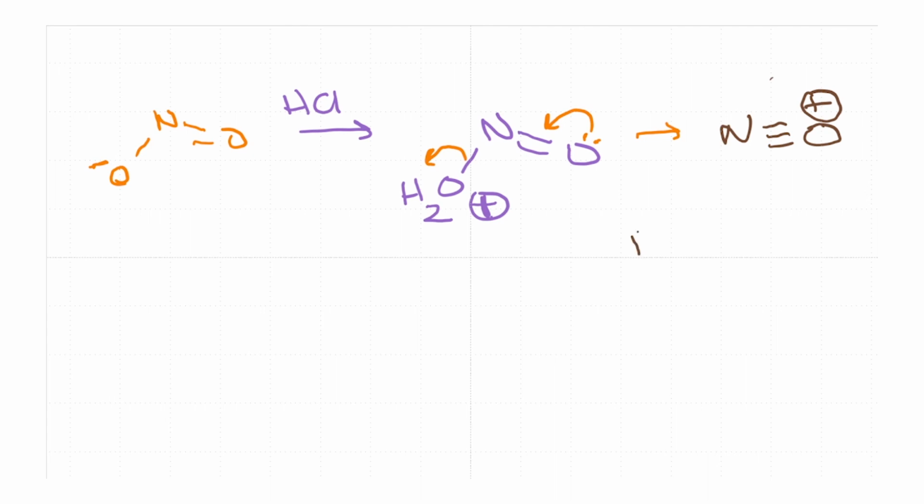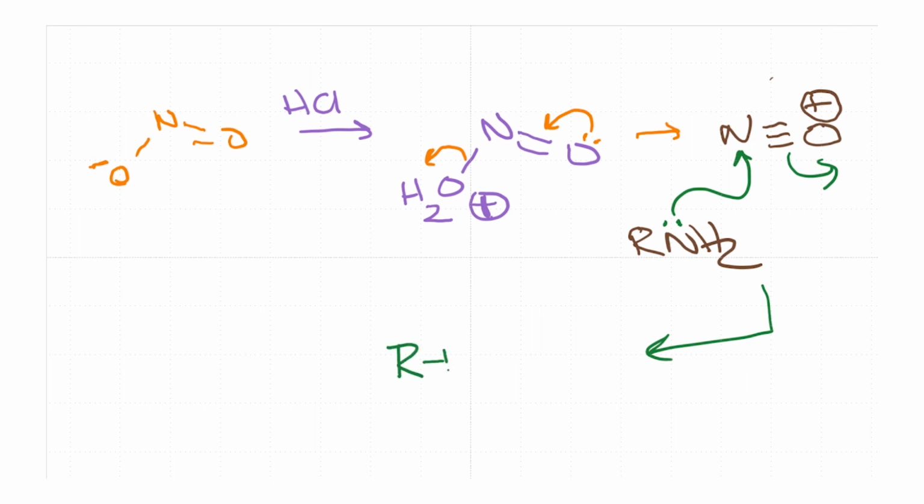Now, RNH2, which is the amine, can react with the nitrosonium ion in the following manner, and the product that is formed here is RNH-N double bond O. Okay, so this is an N-nitroso compound, and there's still a full positive charge over here.